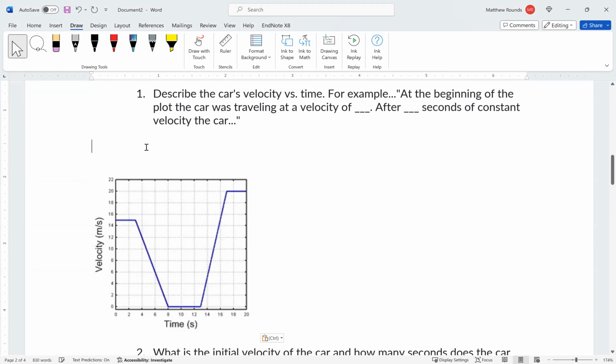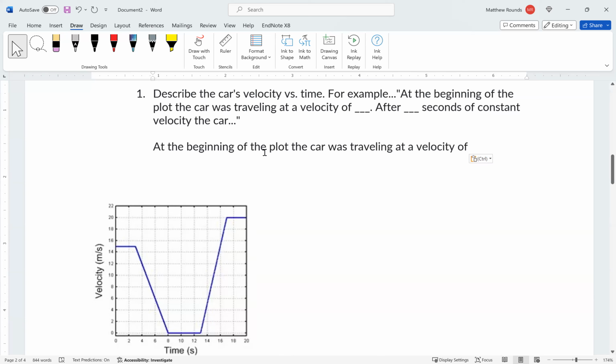I'll help you with this. At the beginning of the plot, the car was traveling at a velocity of what?